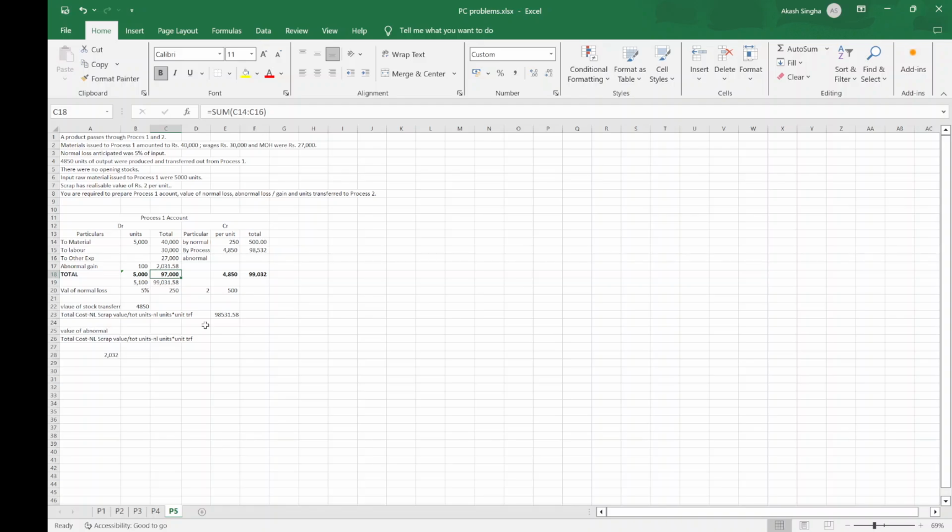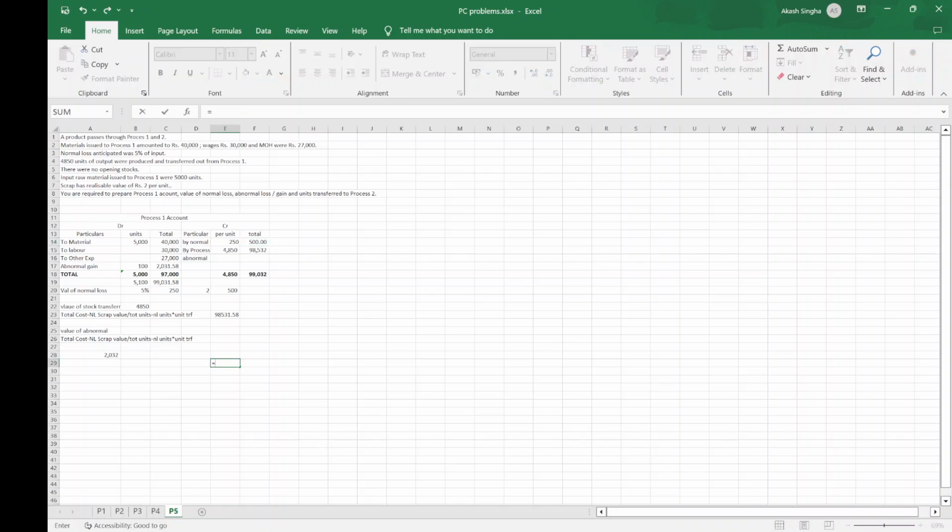Okay. Now another one where it is given that material loss anticipated is about 5%, but 4850 units of output were made. Right. So normal loss is 250 and 500 is our total.